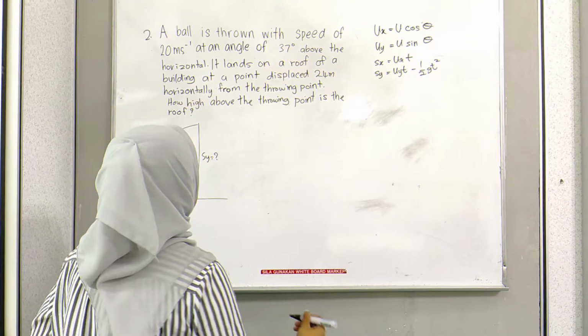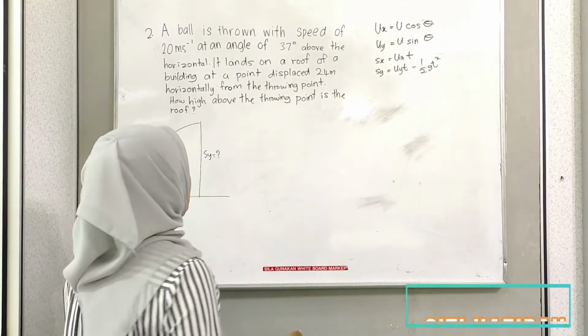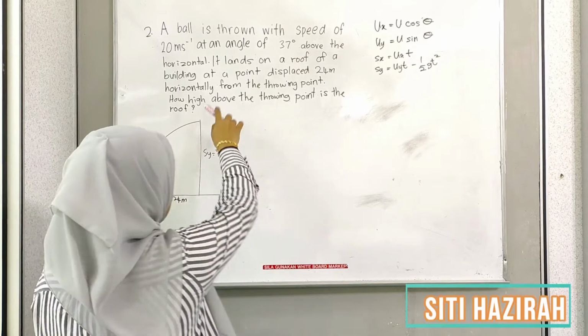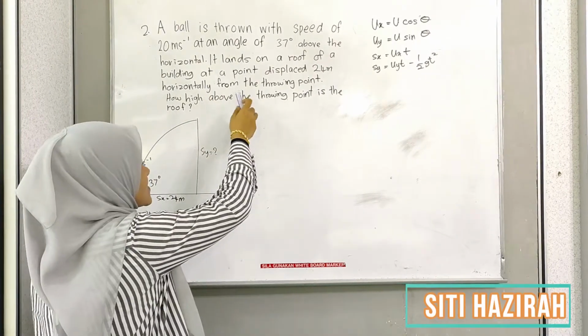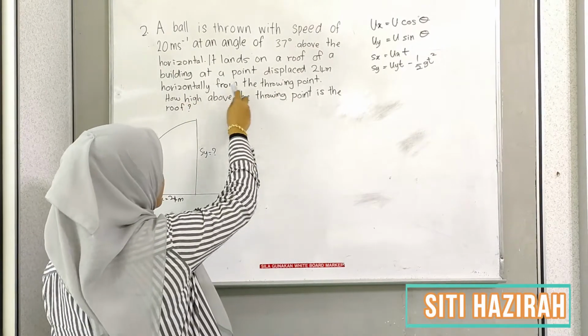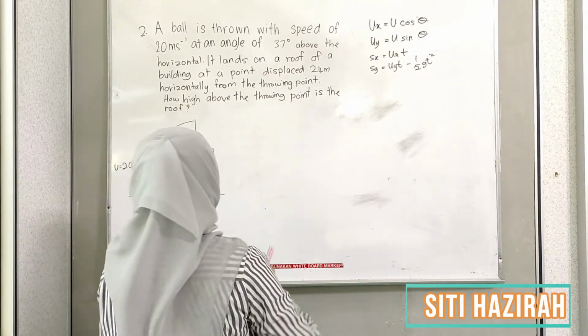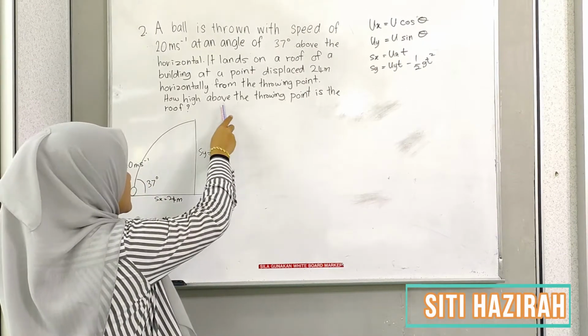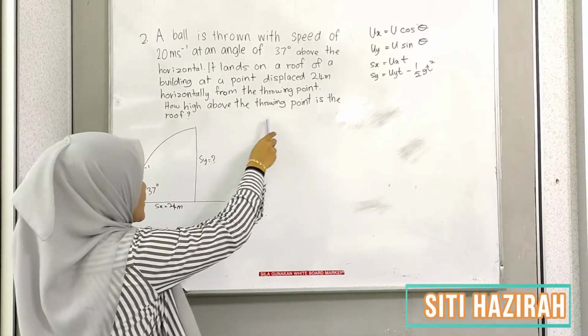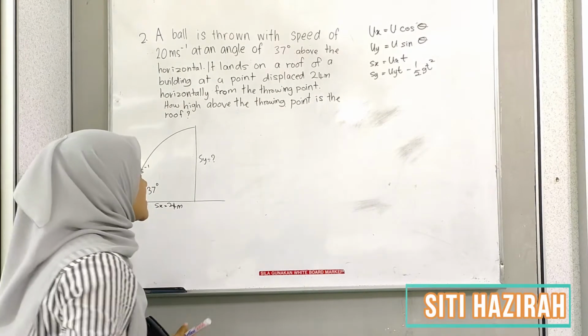Okay, that's all. Number 2, a ball is thrown with speed of 20 meter per second at an angle of 37 degree above the horizontal. It lands on a roof of building at a point displaced 24 meter horizontally from the throwing point. How high above the throwing point is the roof?